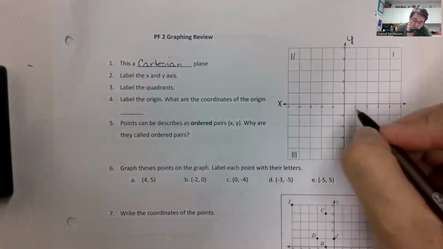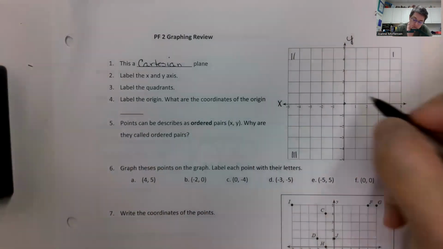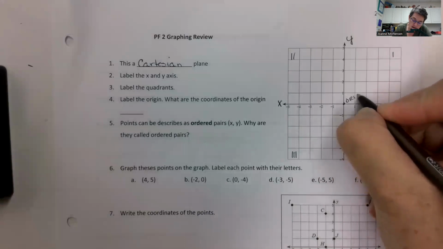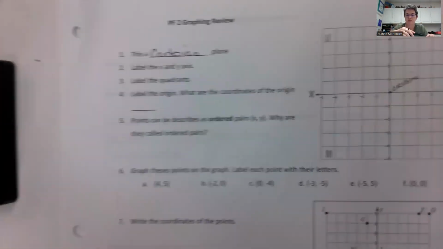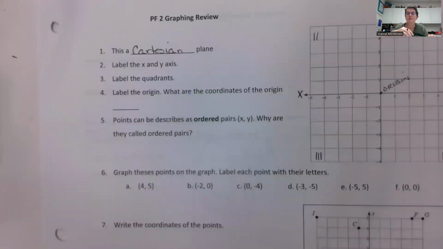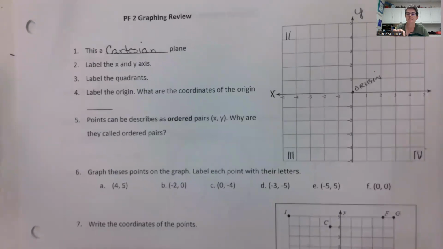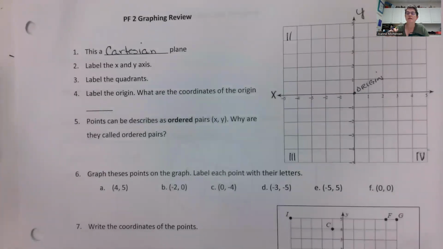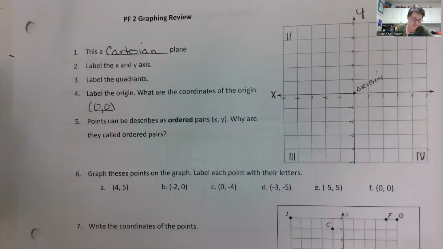Label the origin. Coordinates of the origin are 0 and 0.